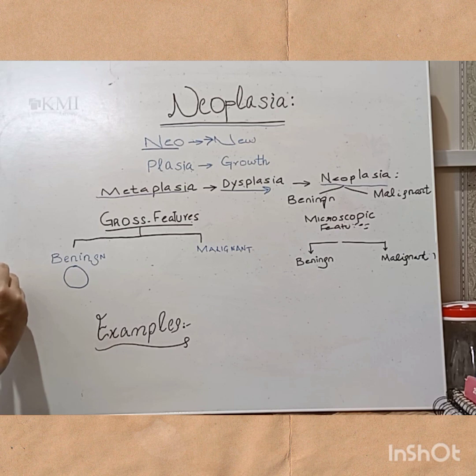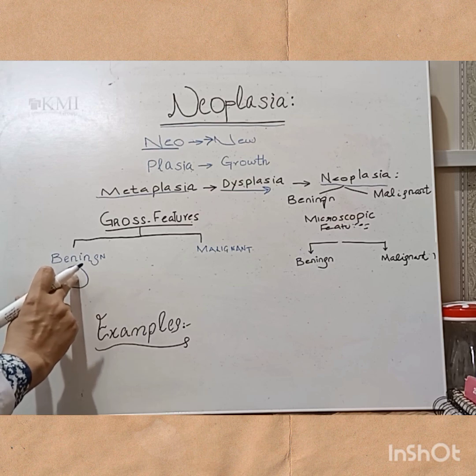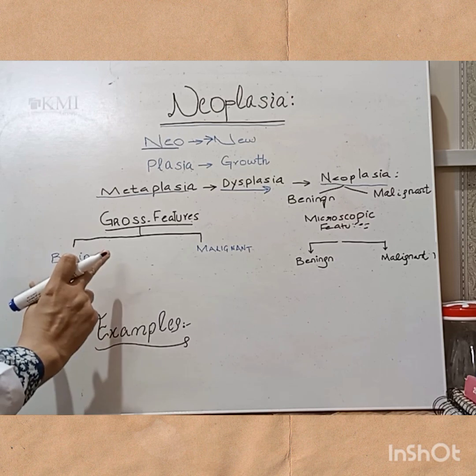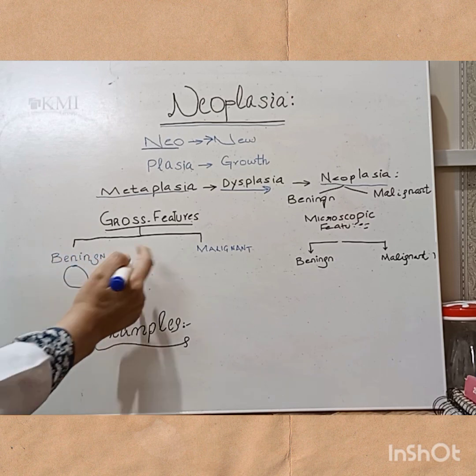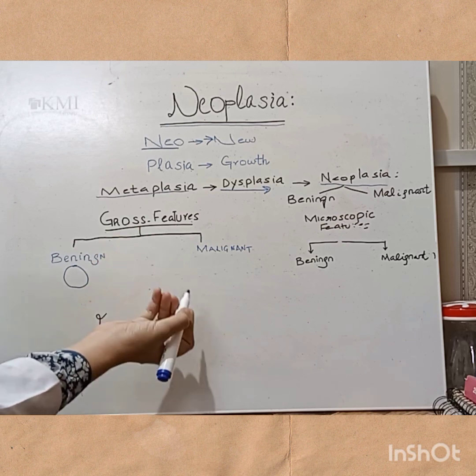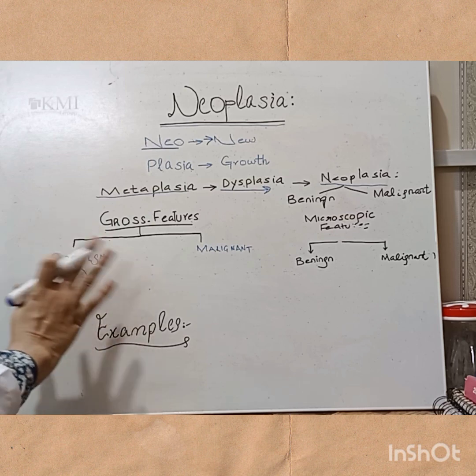What is metastasis? Metastasis is actually invasion of the tumor cells from the tumor to some other structures, that can either be by the lymphatics or by blood supply or by local spread.